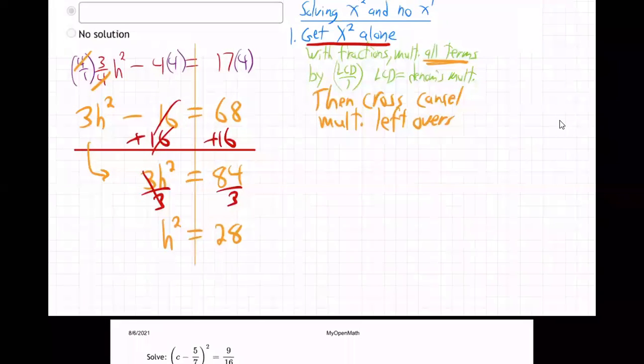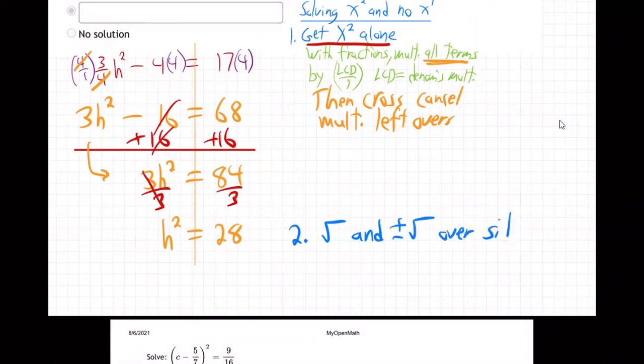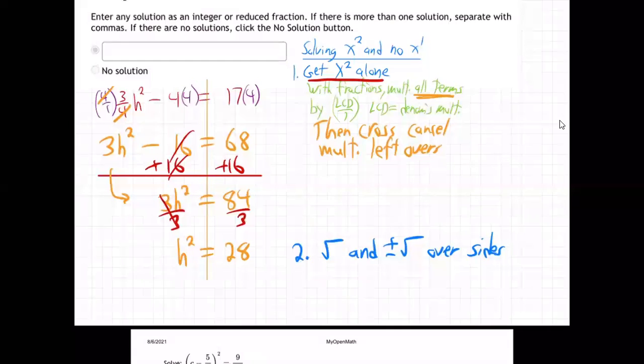And now step 2, you do the root and the plus or minus root over the sides. Remember that? To get rid of that h squared, you got to root it, right? So I'm going to root it, and not just root, plus or minus.